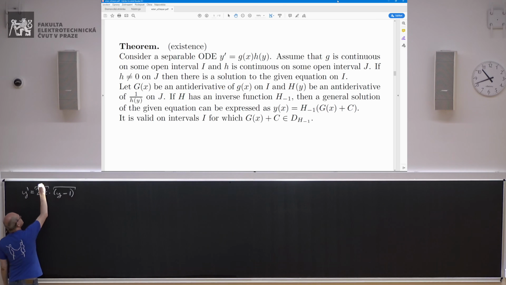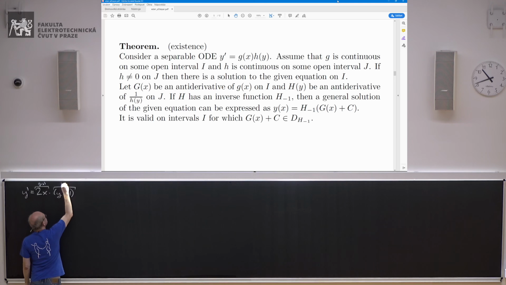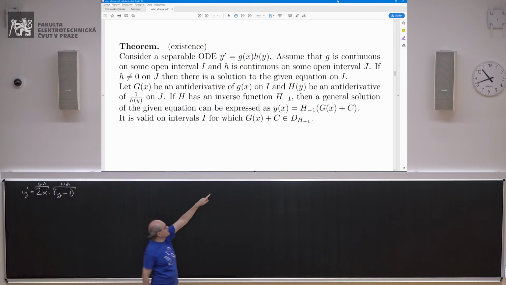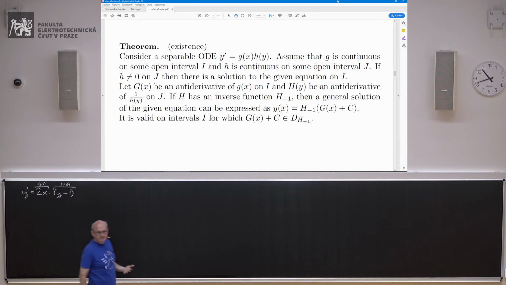Now we could try to take this function, gx, and play with it according to the theorem. We find capital G. We could try to take hy and play with it according to the theorem, find capital H, and substitute into the formula there, and we have a solution. However, that's not how people do it. Instead, people prefer to go through the separation way that we did before.